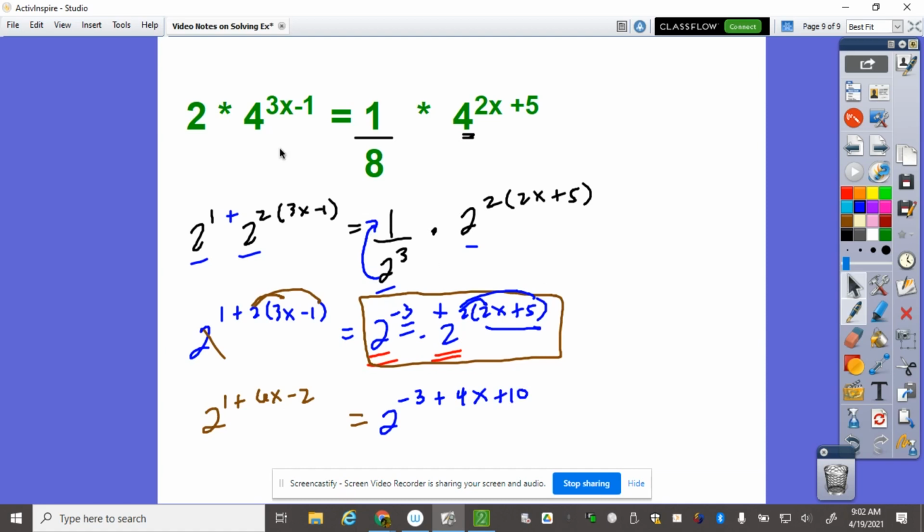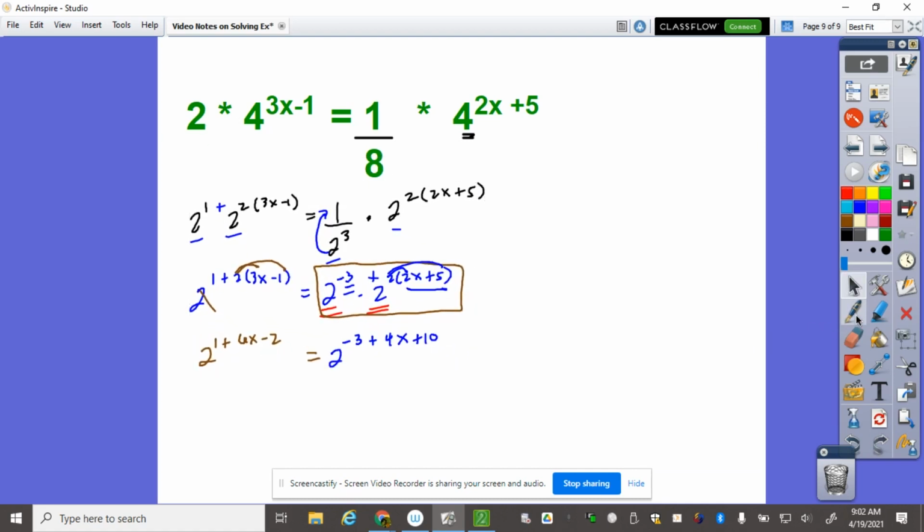All right, let's get some space here. All right, now we have the same base here. We can focus ourselves on the exponent. 1 minus 2 is negative 1 plus 6x. Negative 3 plus 10 is what? 7 plus 4x. Now is the time to combine the like terms.